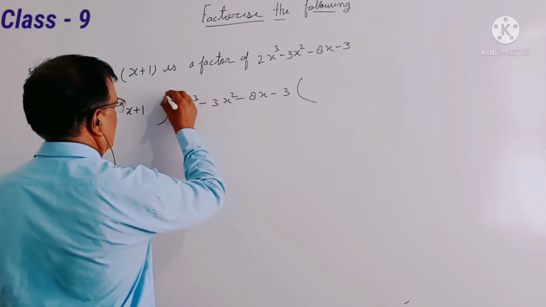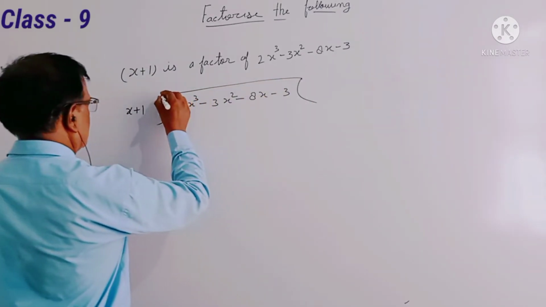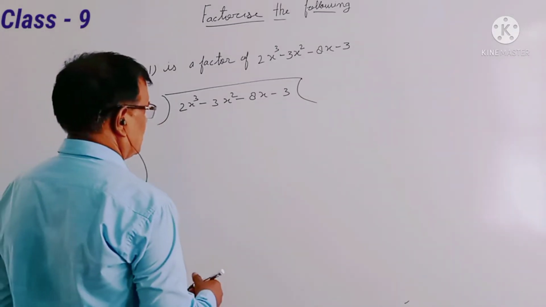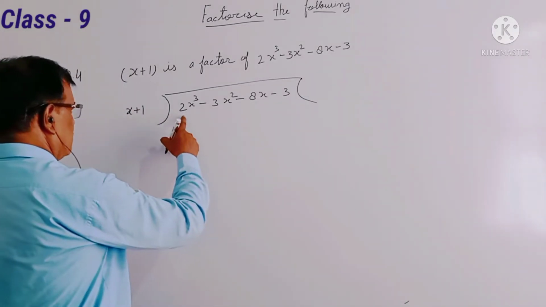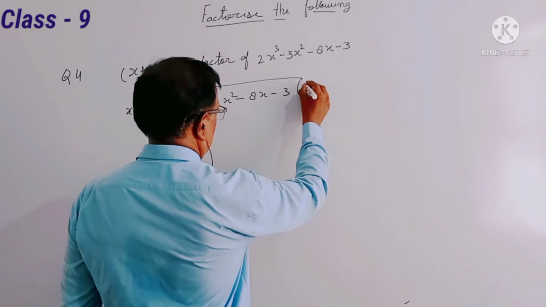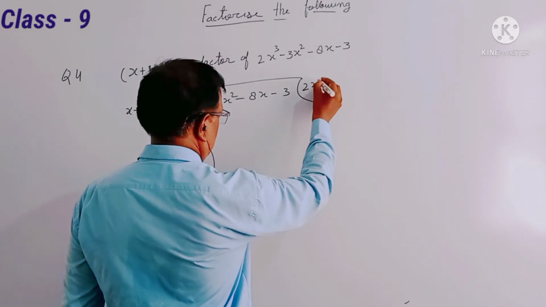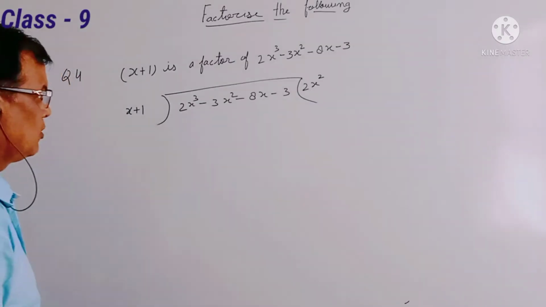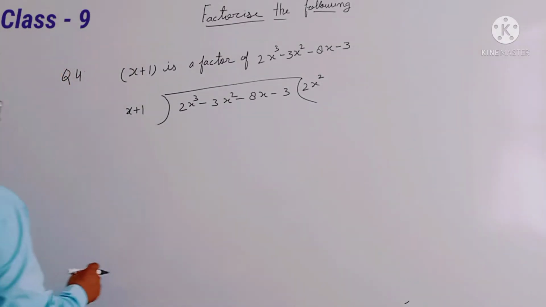Now we are going to divide it. Now we see here, comparing first term to first term, it is greater by 2 and x square. So we will write the quotient in the first step as 2x square, because my motto is to cancel the first term.